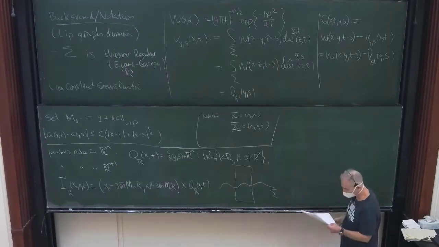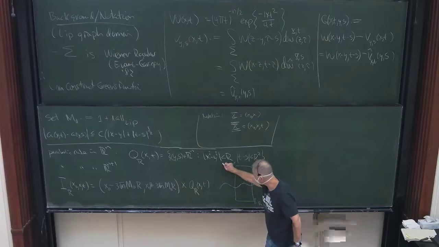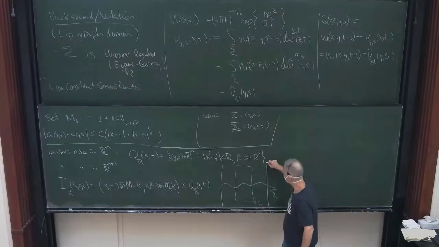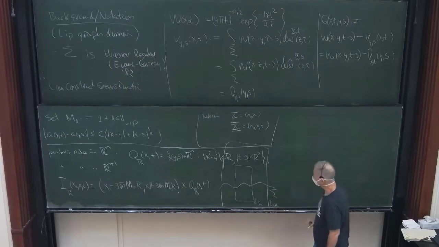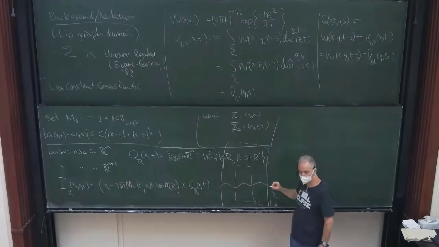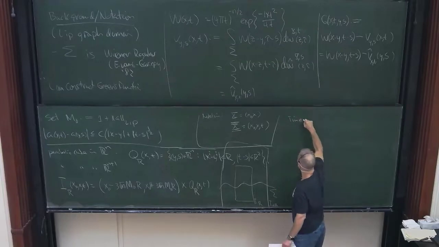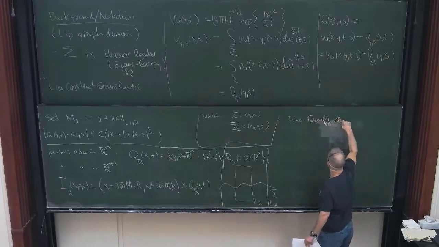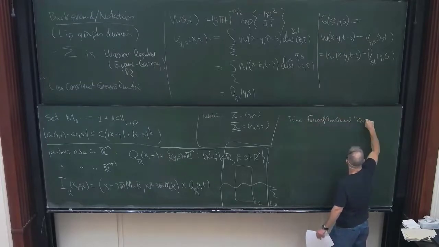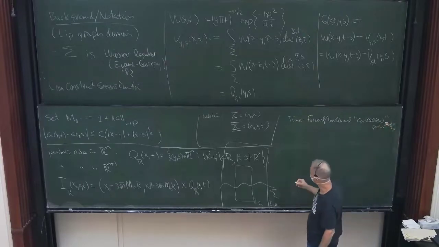So as long as I've got this picture on the board, so this is my IR. I could consider the double, I2R. I've kind of run myself out of room here. And then I'm going to define time forwards and backwards corkscrew points. So what are these?